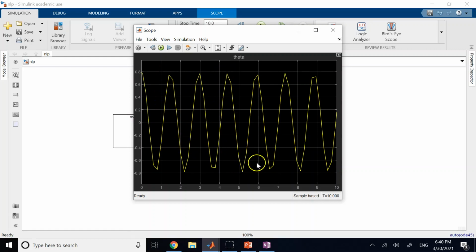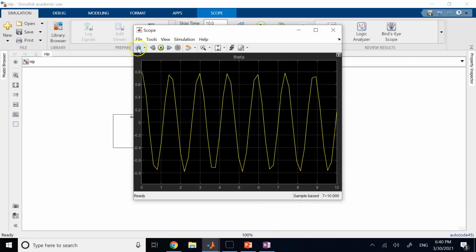And this solution, if you look, is not quite smooth and nice. It's quite jagged. The reason is the number of points used in this simulation is not big enough. So you are connecting a bunch of points that are quite distant from each other using lines, and that's why you have this jagged behavior. But if you have a lot more points, you're going to see a much smoother curve. How can you change that?